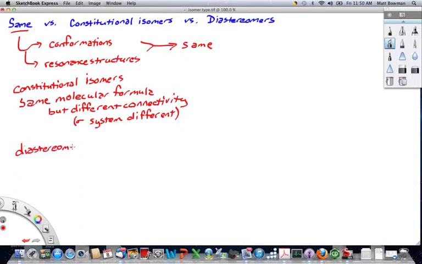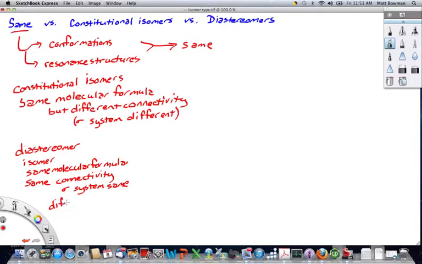A diastereomer is an isomer, so same molecular formula, but it also has the same connectivity. So the sigma system is the same.